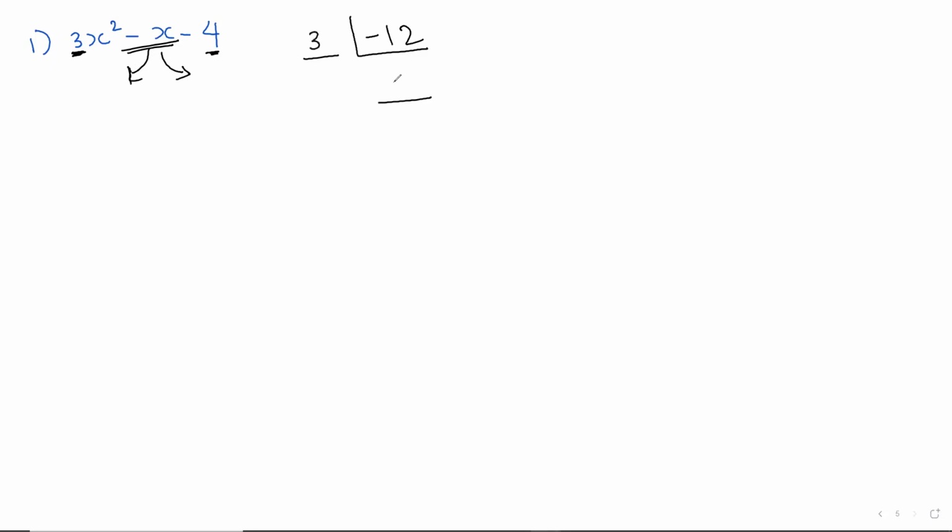So, 3 and -4. Hamna, can you just dictate what the polynomial becomes after splitting the term? Just say it and I'll write. What does this become? What should I write now?